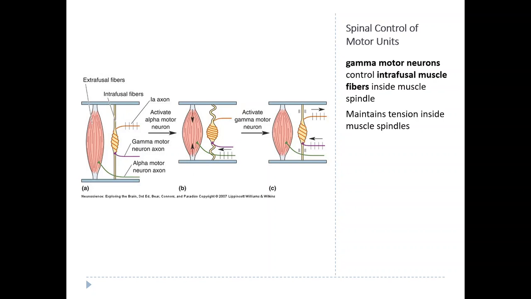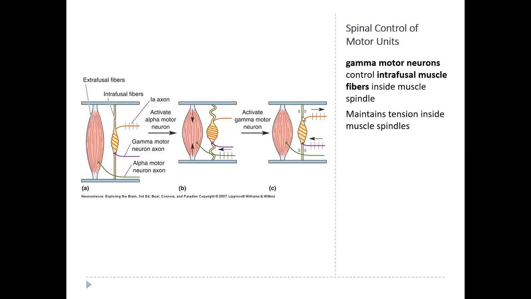So the job of the gamma motor neurons is basically to trigger the contraction of the intrafusal muscle fibers. The gamma motor neurons will activate at the same time as, or immediately after, activation of the alpha motor neurons. That's what's happening here, and that will pull on the ends of the muscle spindle and make the connections taut again.